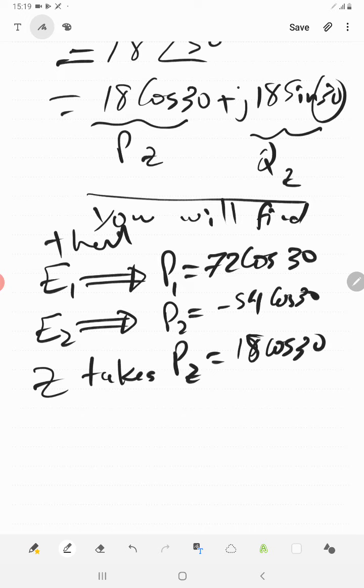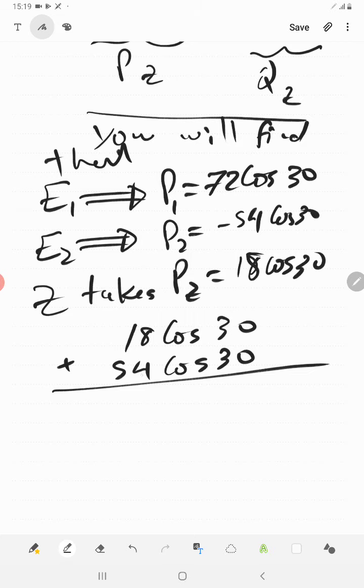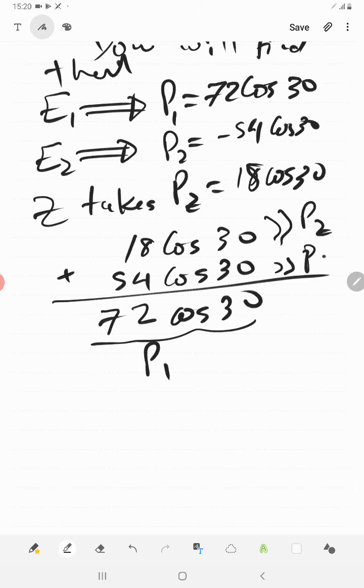We take this 18 cosine 30 and 54 cosine 30, and you will get 72 cosine 30.